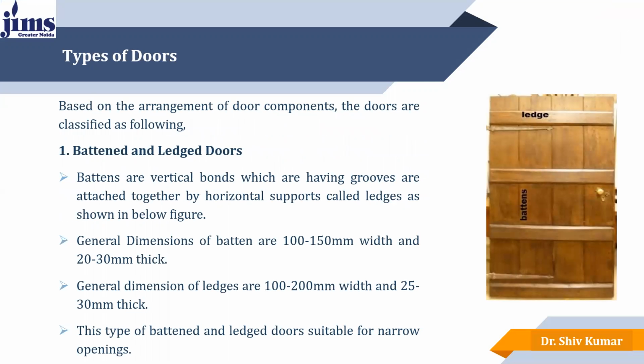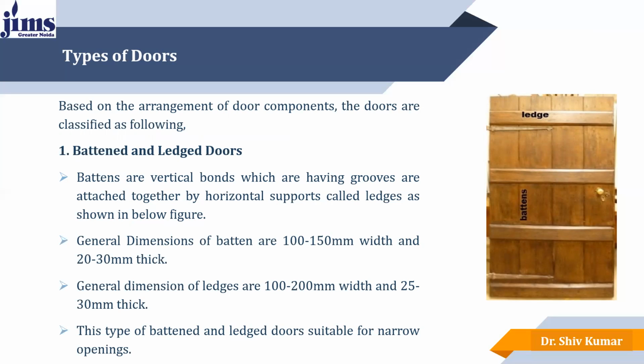Now we'll talk about the types of doors. As I have mentioned, there are around 18 types of door, which we'll discuss in this lecture. So in this series of doors, we'll talk about the first one, the batten and ledge door.